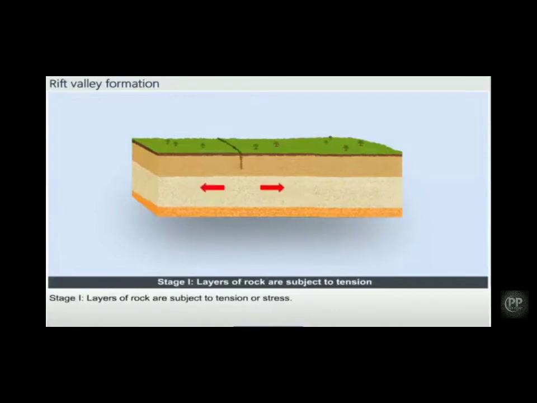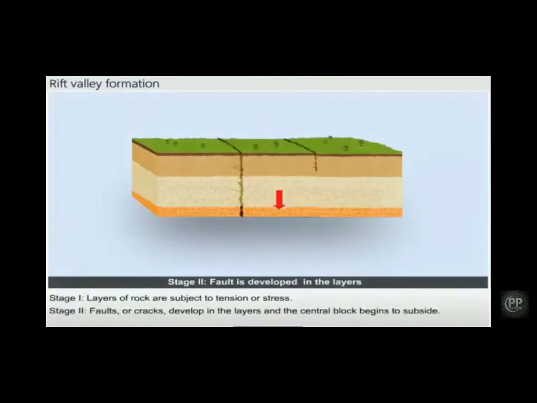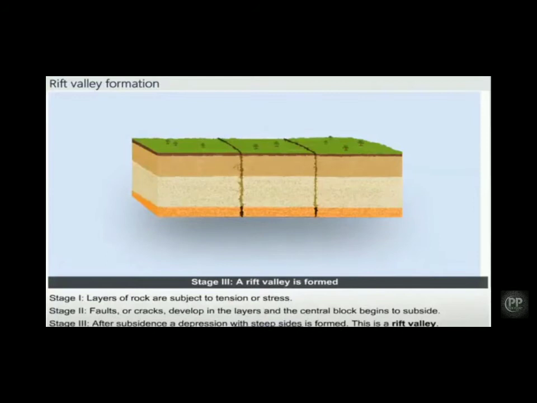Layers of rock are subject to tension or stress. Stage 2. Faults or cracks develop in the layers and the central block begins to subside. Stage 3. After subsidence, a depression with steep sides is formed. This is a rift valley.